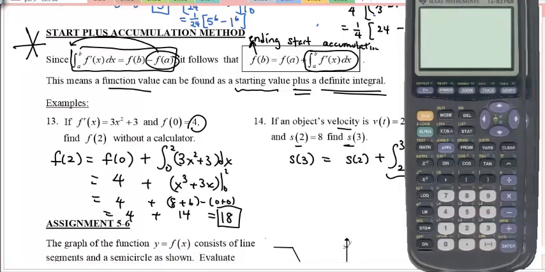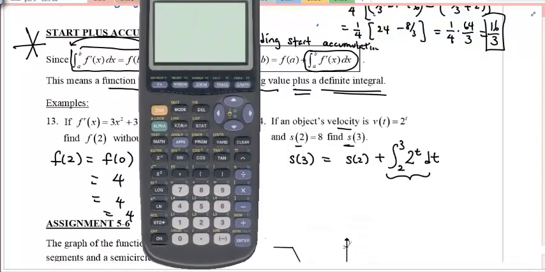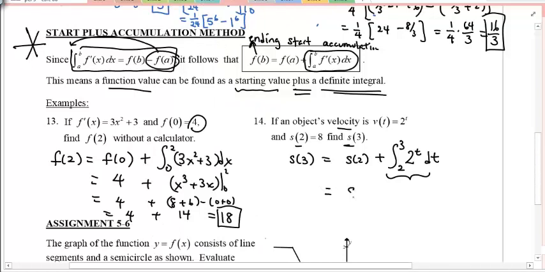So once again, an opportunity to use fnInt. Math 9, 2 to the power of x, comma, x, comma 2, comma 3. 5.770. So 8 plus 5.770 gives you 13.770. Done.